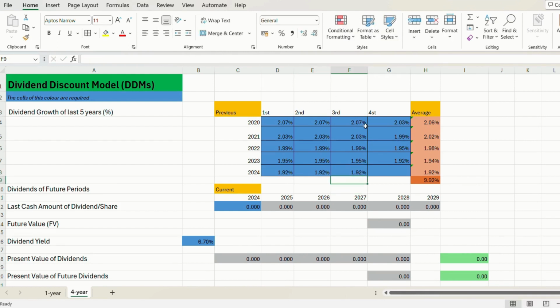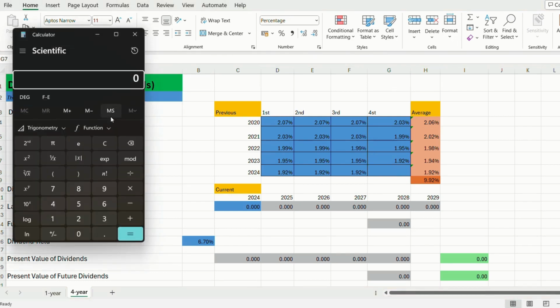Here we have a reduction of about 0.04%, and in 2021 again this percentage, in 2022 this reduction too, and lastly in 2023 we had just 0.03%. So we are going to open our calculator and take advantage of all of this.